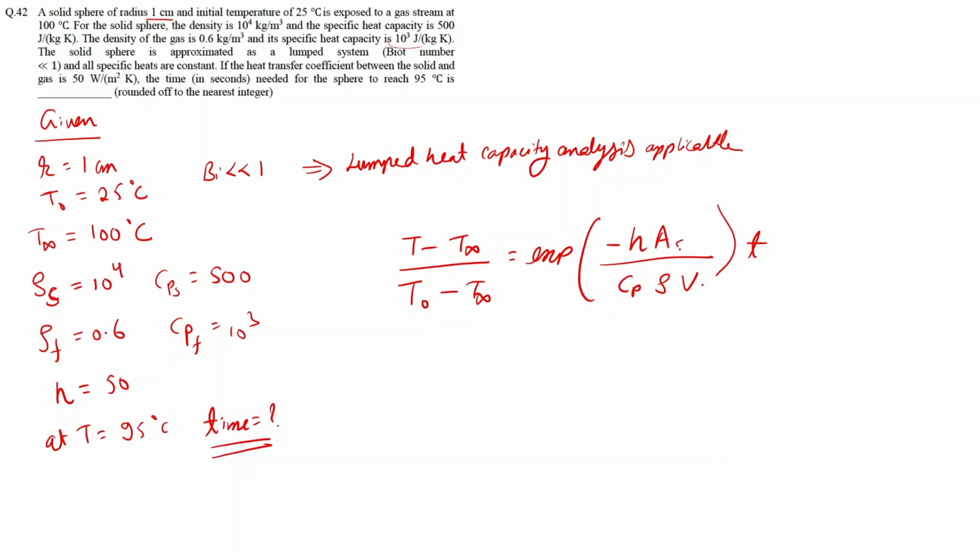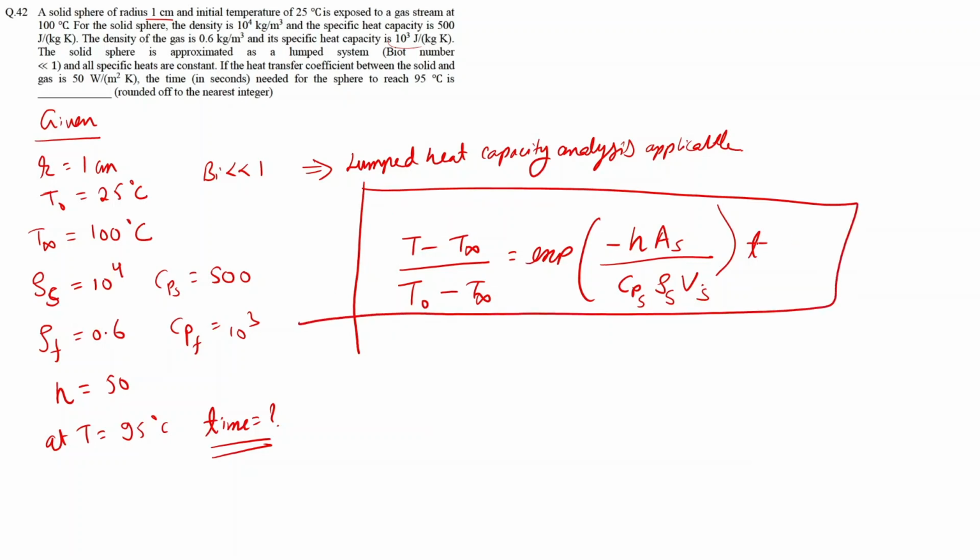And this area is corresponding to the solid. Similarly, Cp is of solid, density is also of solid, and Vs is also solid. So we will be using this formula to find the time taken by the sphere to reach the temperature of 95 degrees Celsius.